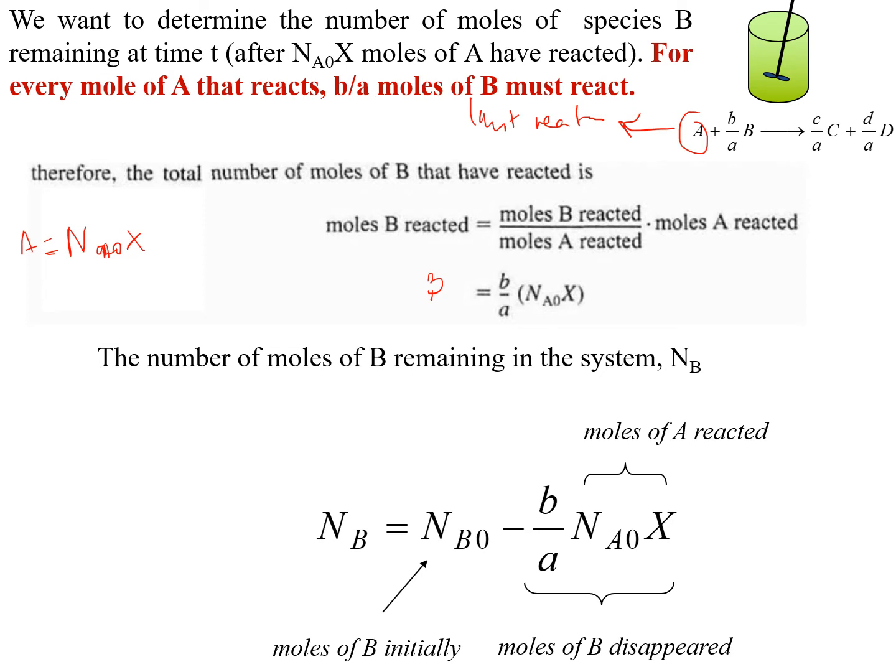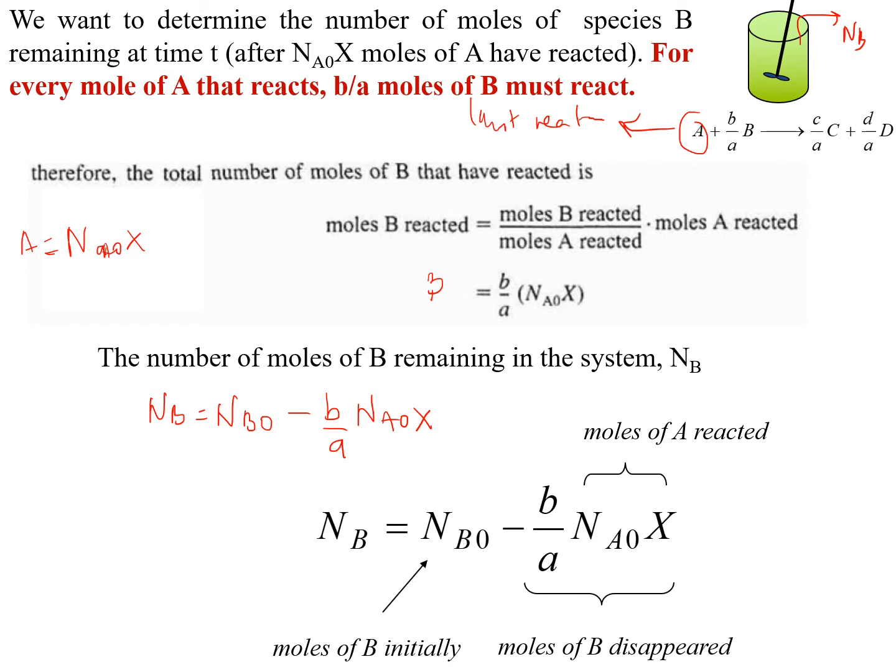So how do you get the complete equation for NB, the amount of B that remains, just like in the batch case? NB is equal to the initial amount, NB naught, minus B over A times Na naught X, the moles of A reacted, which gives the number of moles of B that leave or remain in the system.